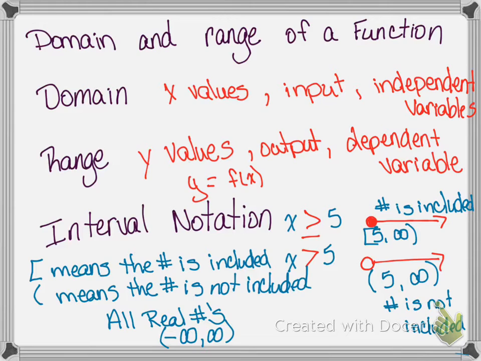I could. I could not pick 5. So in algebra, we signify that with a parenthesis. So down here where it says the bracket means the number is included, the parenthesis means the number is not included. Now, sometimes you're going to get a domain and or a range that is all real numbers. The way that we write all real numbers in interval notation is negative infinity to infinity.